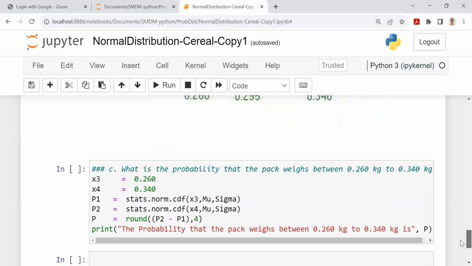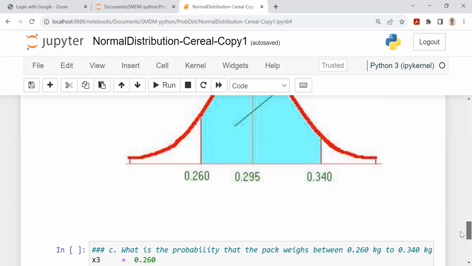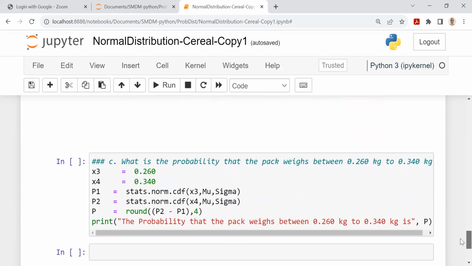Therefore, first I calculate the area up to 0.34. Because adding these two parts is difficult, we have to manipulate depending on the function stats.norm.cdf. So all I do is find out the area up to 0.34, then find out the area up to 0.26, and subtract: the 0.34 area minus the 0.26 area, you get the answer. So what is the probability that the pack weighs in this range, 0.26 to 0.34?